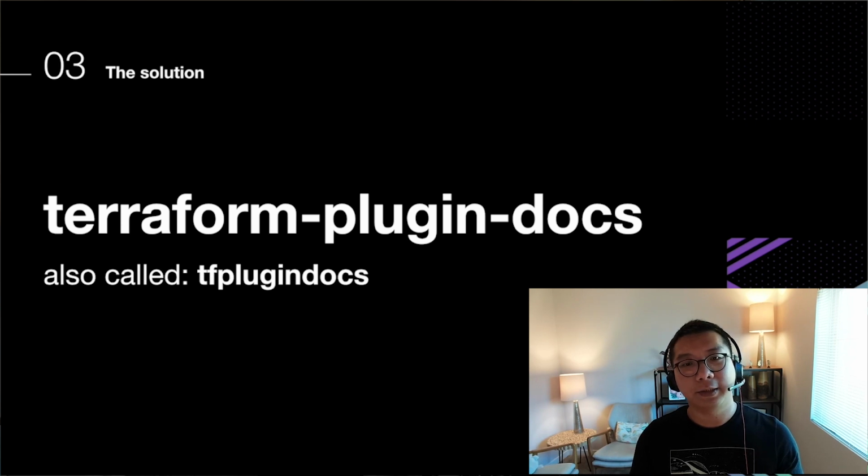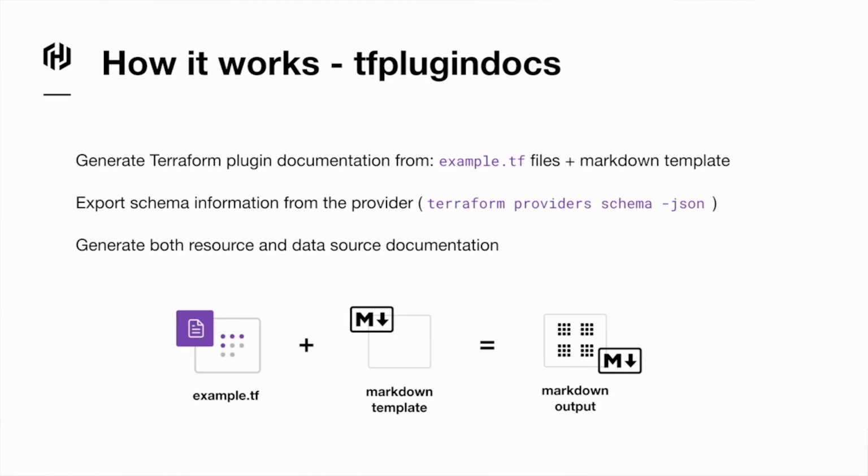So, switching gears, a quick deep dive. I want to introduce you to the Terraform plugin docs, also called tfplugindocs. If you're a provider developer, you are probably familiar with this. And maybe for you, an AWS provider contributor, this may be a little bit new. Terraform plugin docs is capable of generating documentation in Markdown format.